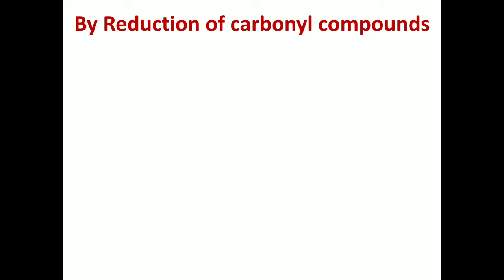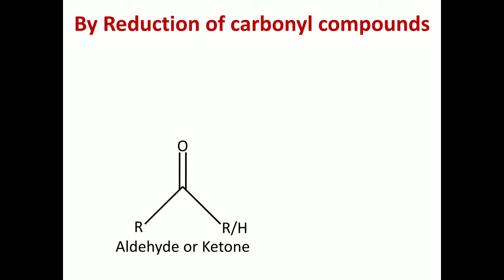Now the next method of preparation of alcohol is by reduction of carbonyl compounds. We already know that reduction means removal of oxygen or addition of hydrogen. That is, this is the common functional group for aldehyde or ketone, which on reaction with a reducing agent produces alcohols.